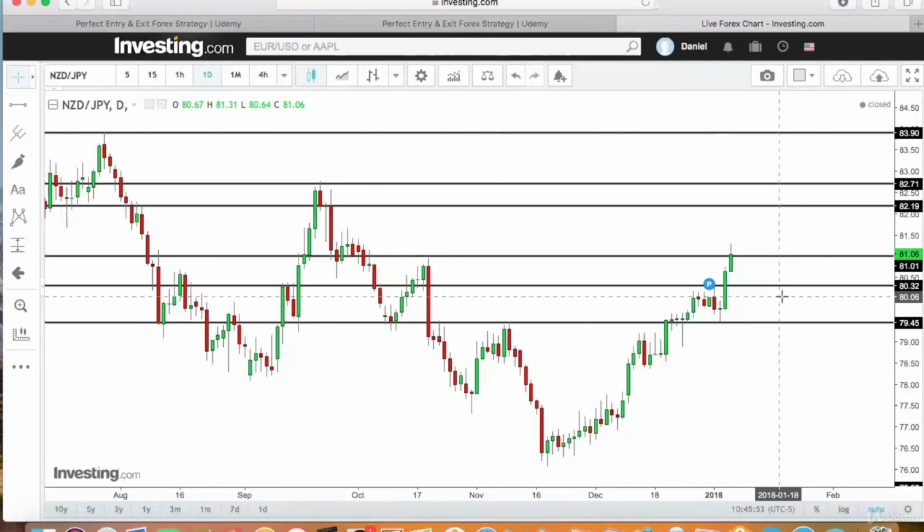So this perfect entry and exit Forex strategy is based all on these simple rules of breaking down your top-down analysis, finding price action, setting up your price action zones, and trading what you see to the left, trading price action levels to the left. If you can master those 4 things and you can be patient, then this strategy will work wonders for you. It'll make you a very profitable trader.